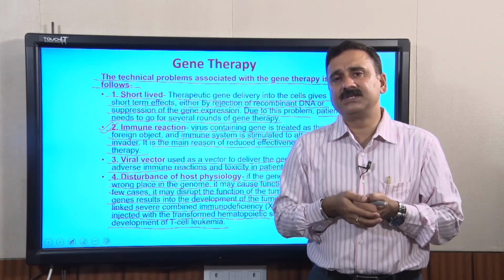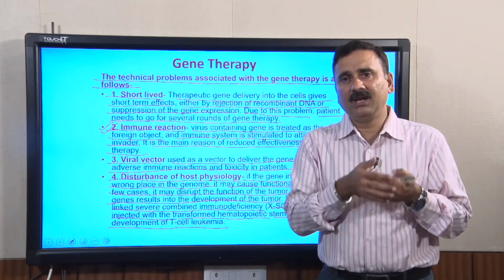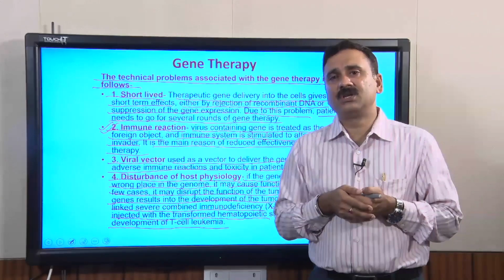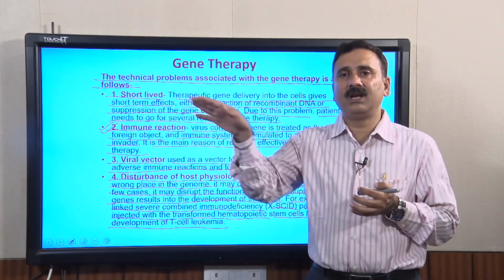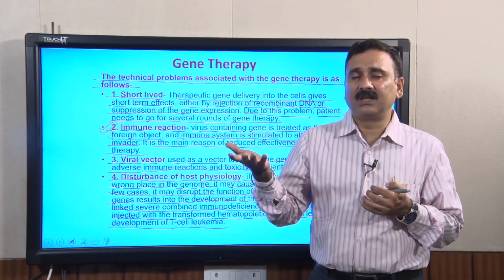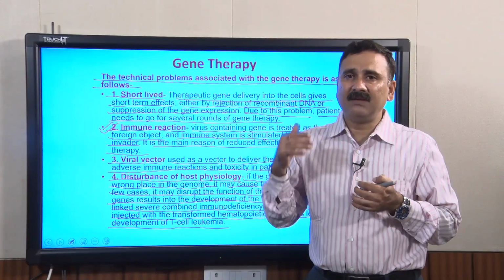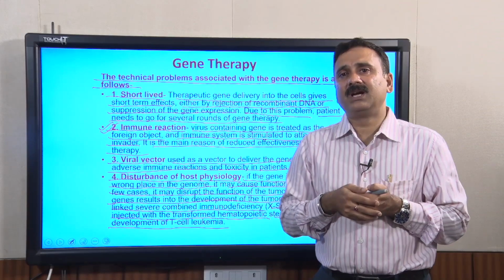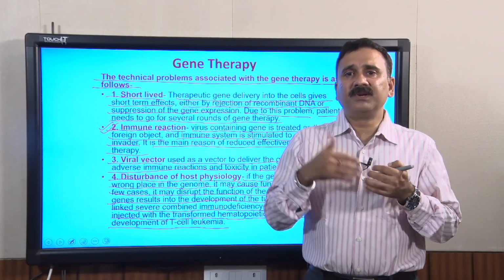mistakes in this recombination process, they may integrate into the genome and disturb the existing genes, and because of that sometimes they might disturb the tumor suppressor gene.